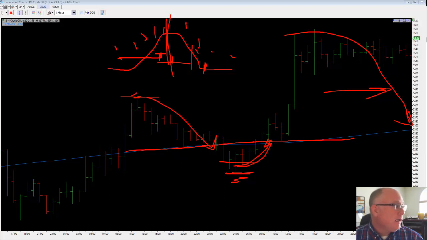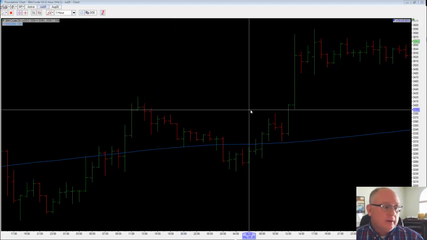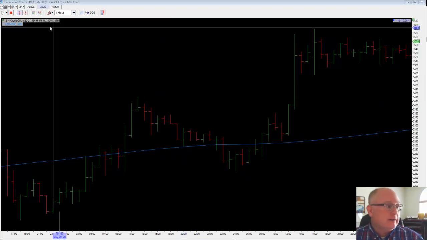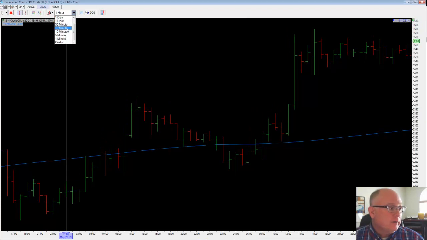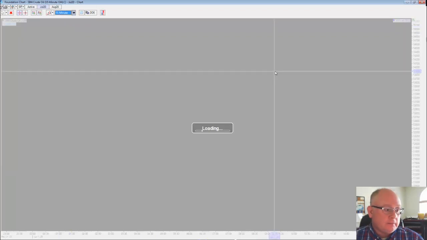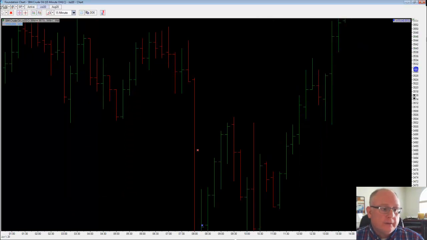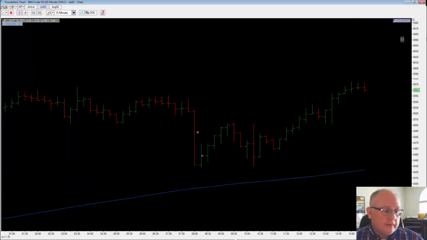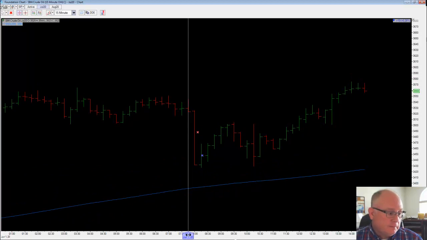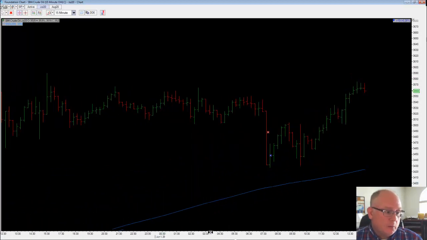All right, so at this point, what I want to add to this chart is actually bring it down to our 15-minute time period. And I want to find it again. Let's add some more bars in.